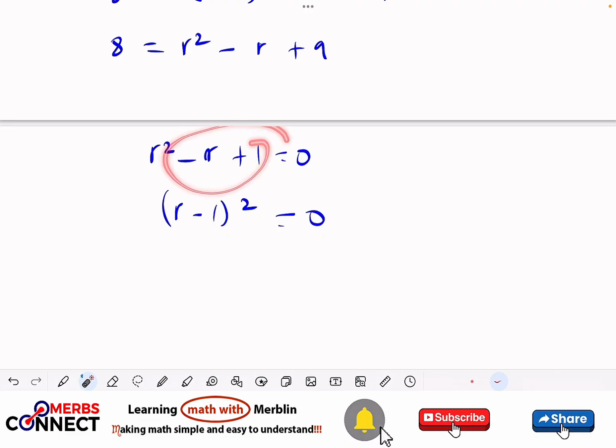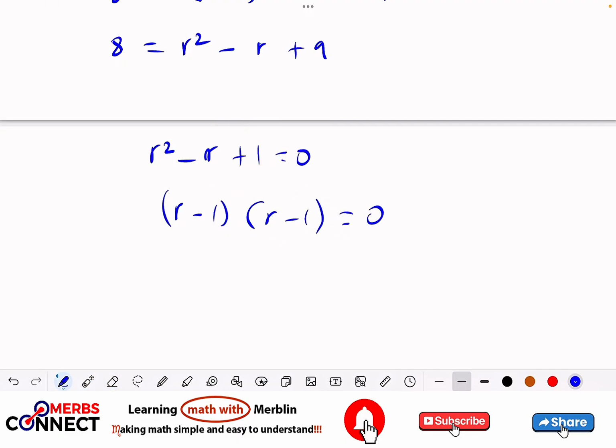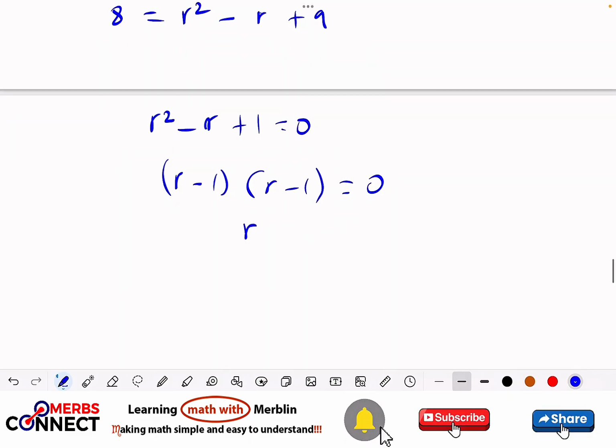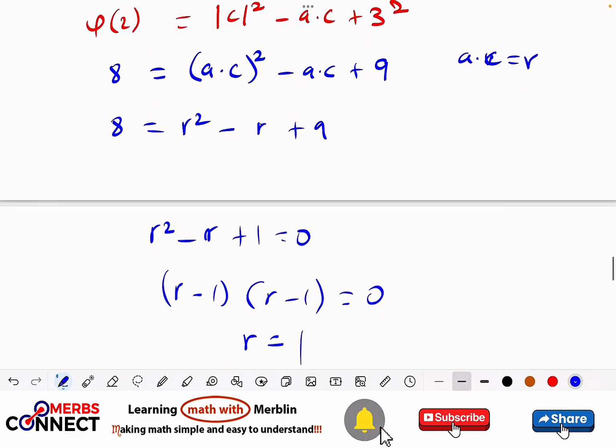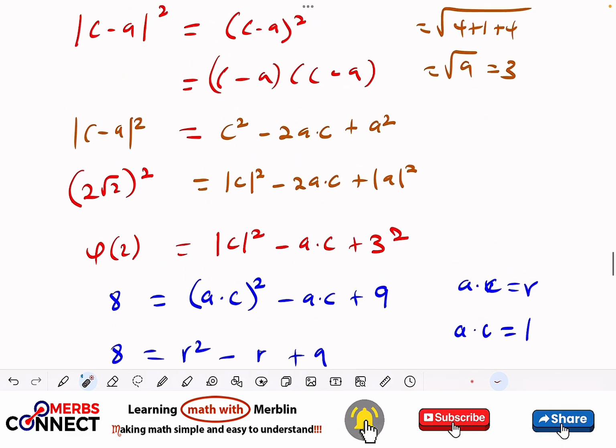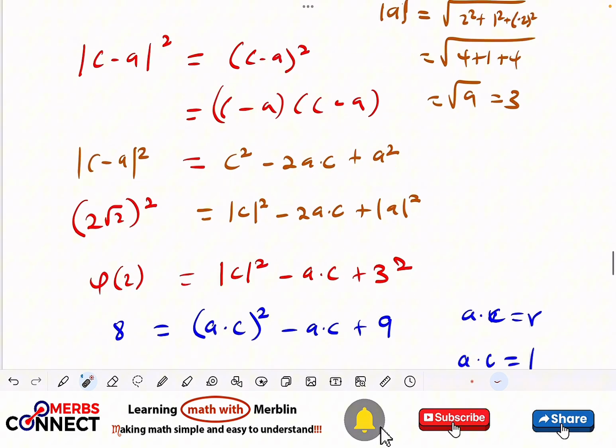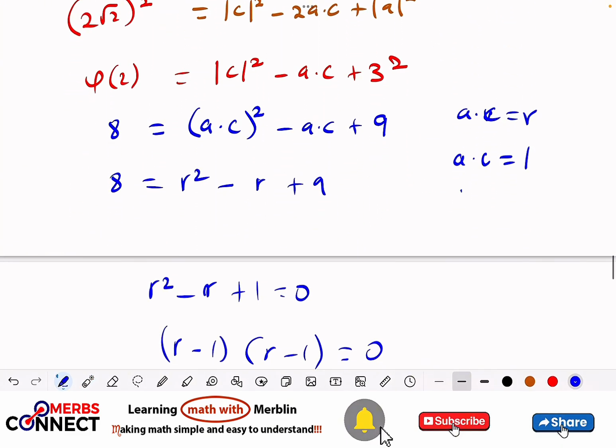Yes, or r minus 1, r minus 1, when you do the factorization here. So it means that r is equal to 1, right? If r is equal to 1, then A dot C is equal to 1. But we know that A dot C is also the same as the magnitude of C, so it implies that the magnitude of C is also equal to 1.